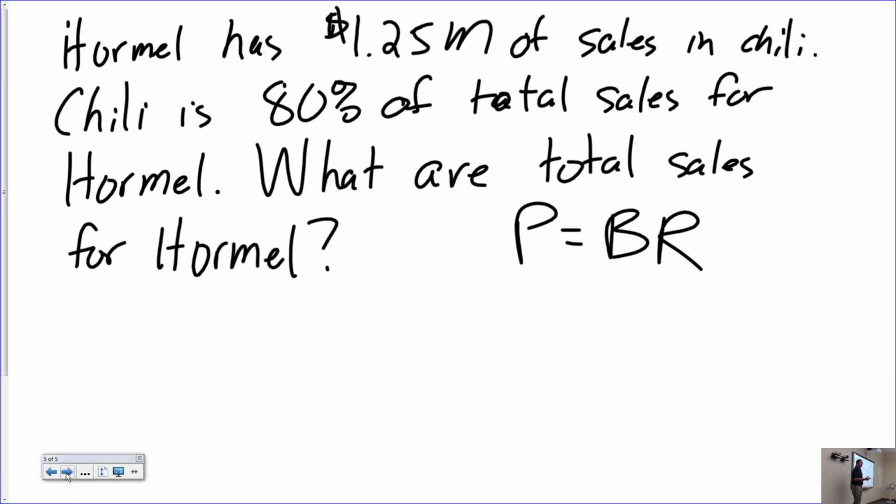So if you're not sure how to do this problem, but you write down P equals BR, because this is a P equals BR problem, you would already get 3 points out of 10. You did nothing on the problem, nothing but write 3 letters and a symbol, and you got 30% of the problem, because half the battle is figuring out where to start, okay?